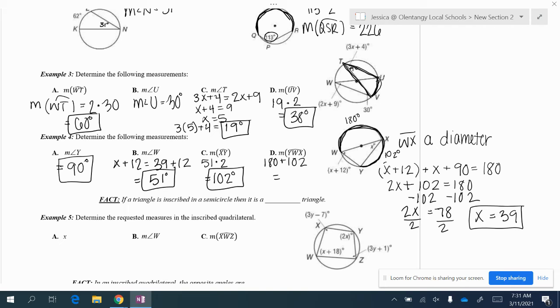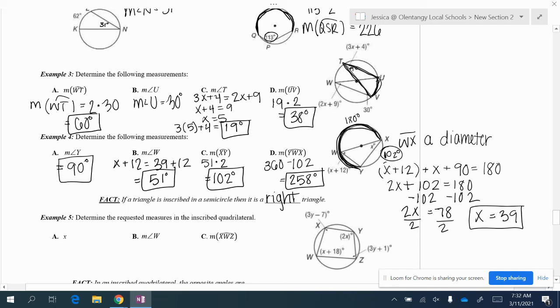I'm sorry, I was looking at the wrong arc. So this part, I'm taking everything but this 102. So I can take 360 and subtract 102, and I will receive 258 degrees.